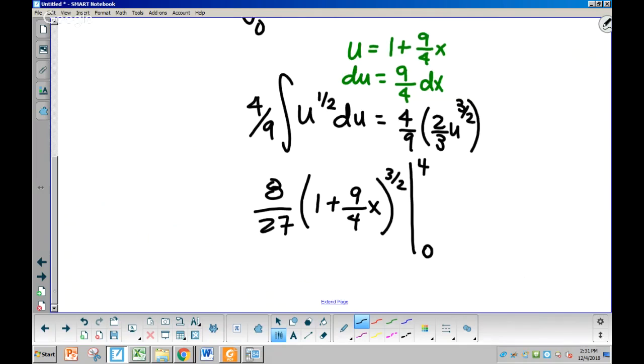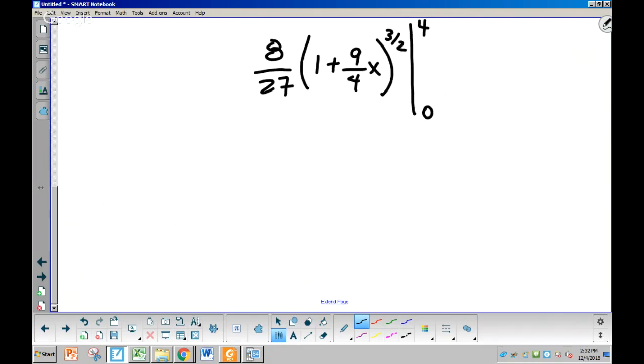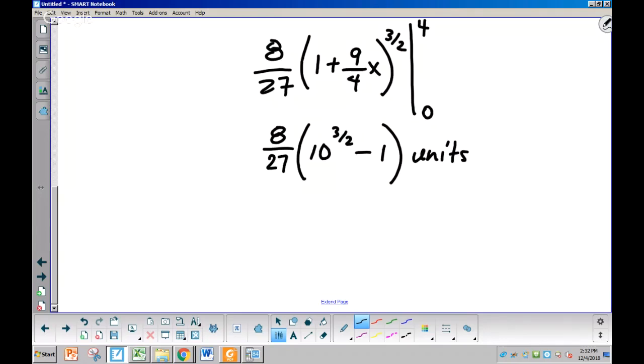So what happens when we plug 4 in? We get 10, don't we? That's not a very nice number, but it's 8/27 times 10 to the 3/2 minus 1. I mean, that's all you can do without a calculator.